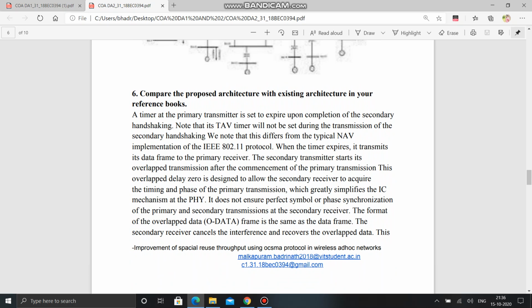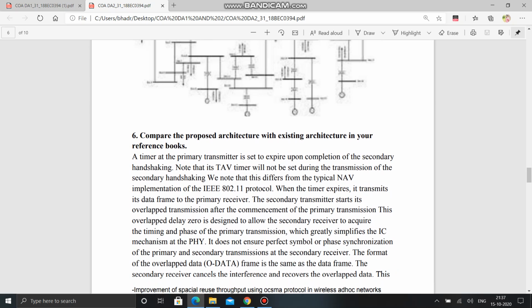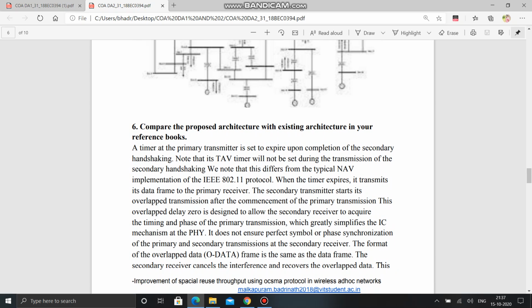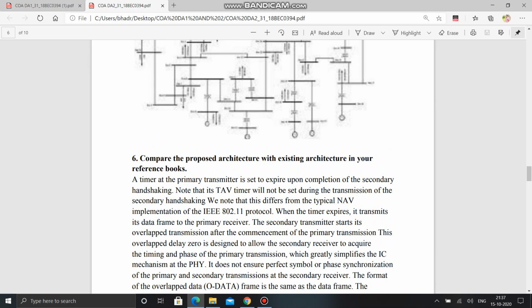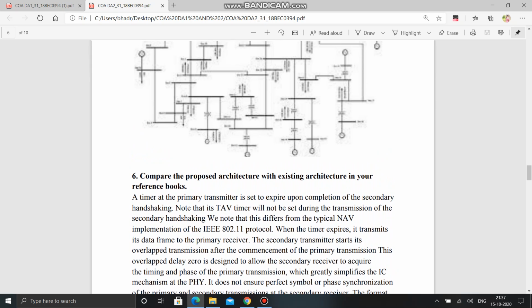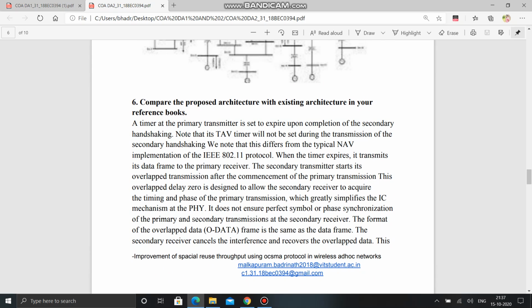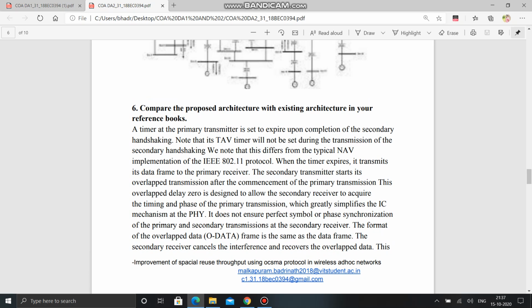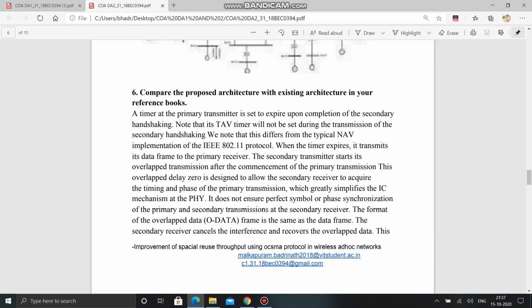It does not ensure perfect symbol or phase synchronization of the primary and secondary transmission at the secondary receiver. The format of the overlapped data frame is the same as the data frame. The secondary receiver cancels the interference and recovers the overlapped data.